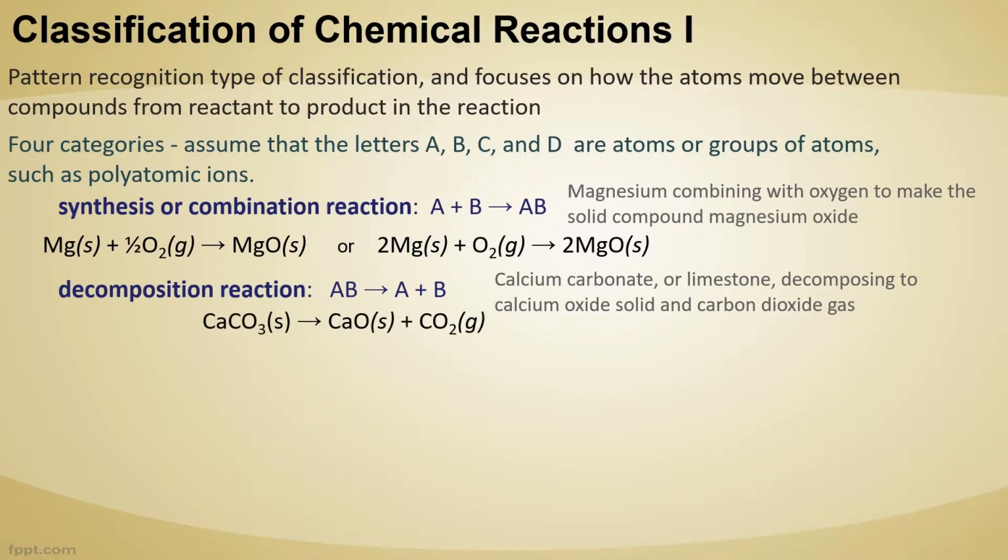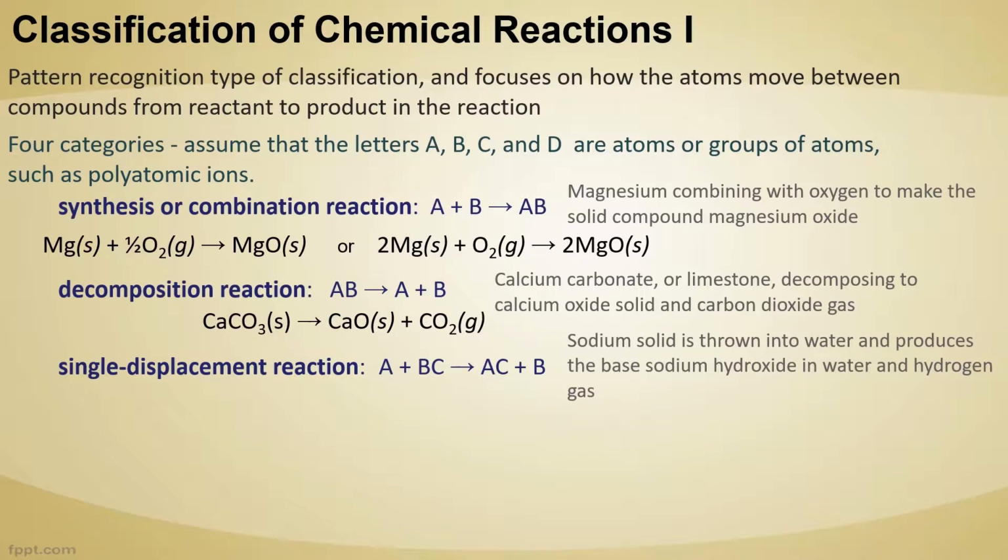Now, the third type of reaction is called a single displacement reaction. The generic equation is A plus BC yields AC plus B. An example of this type of reaction is demonstrated by another type of hydrogen production reaction where sodium solid is thrown into water and produces the base, sodium hydroxide in water, and hydrogen gas.